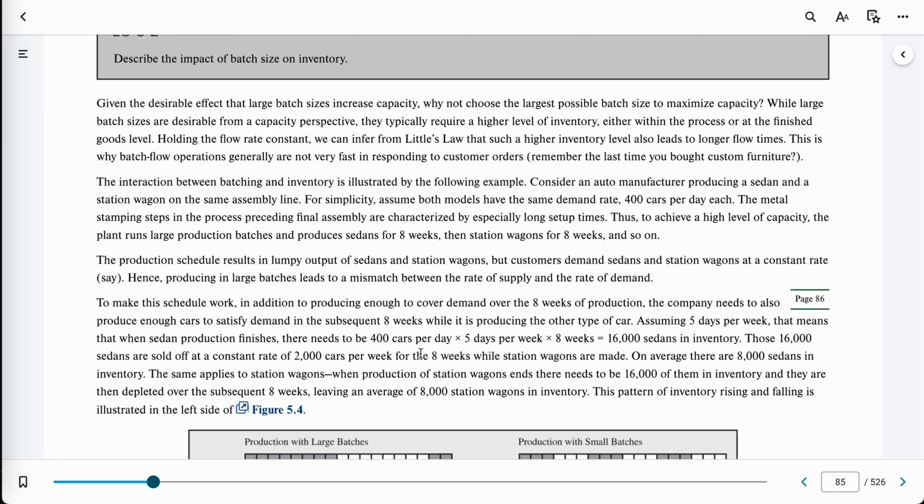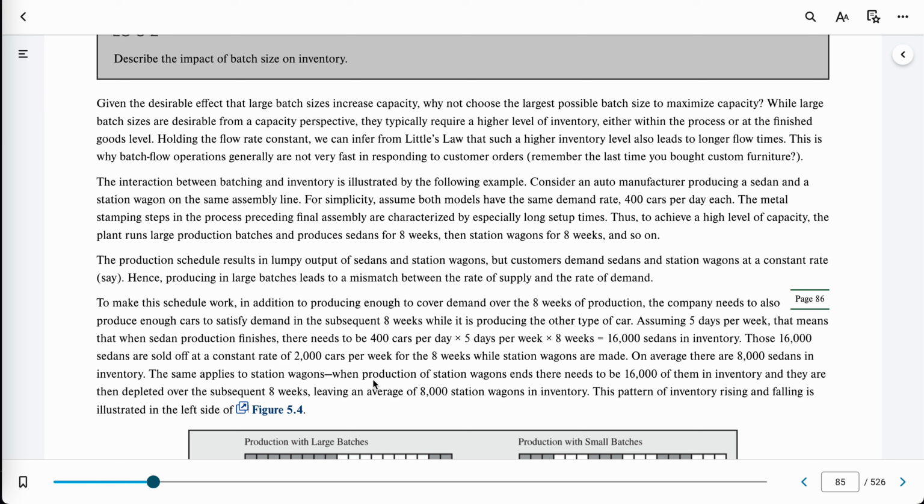With a demand of 400 cars per day times 5 days a week times 8 weeks, you're producing 16,000 sedans first, then you move over and produce 16,000 station wagons, come back to 16,000 sedans, then 16,000 station wagons, and so on. But that does mean you'll be holding a large number of sedans in inventory.